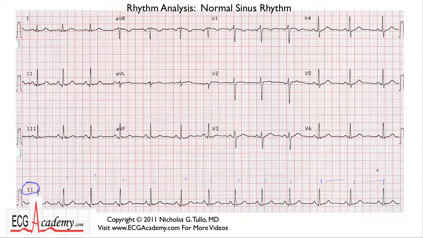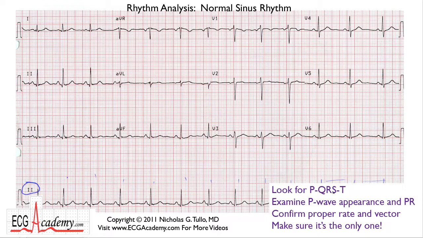And when you're analyzing rhythm, especially when you're looking to confirm that it's a normal sinus rhythm, here are the things that you have to look for. You have to look at the P and the QRS and the T wave, make sure they're all related to each other properly. That involves measuring intervals like we did in the last section and making sure that everything falls within normal limits.